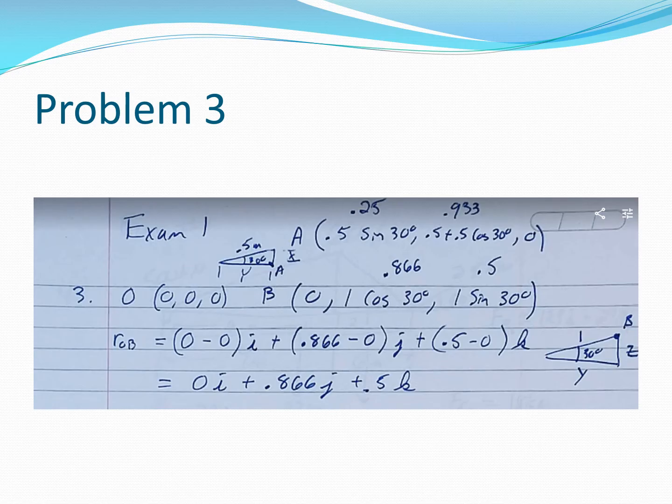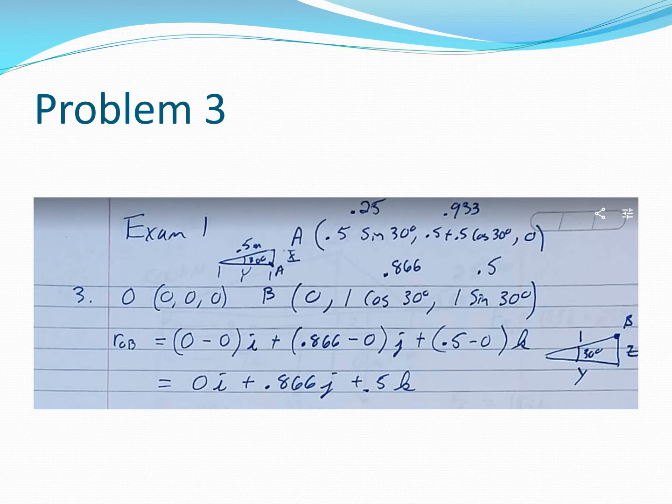So with that information, you can see that I found the positions for A and for B. I use that information to find my position vector from the origin to point B. That's the position vector that I will cross with the force to find the moment.